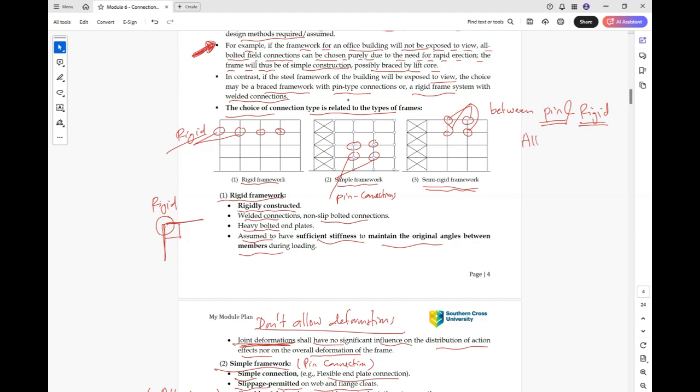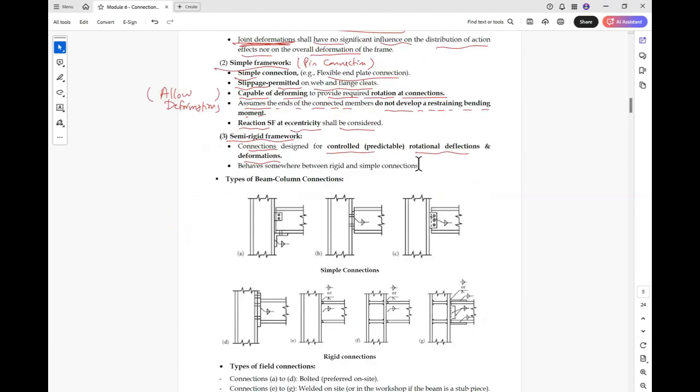So it allows a required amount of rotation and deformation. It is allowed to deform and rotate by a certain or required amount. It behaves somewhere between rigid and simple connection.